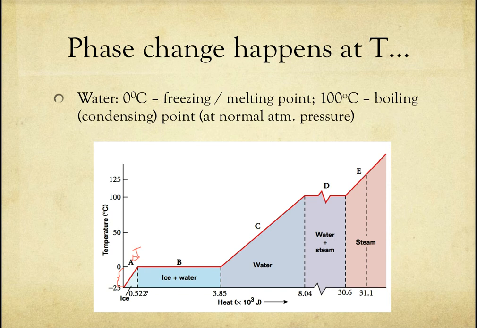And then if you look over here, if I were to find the Q for just melting, that would be the difference between 385 and 0.522. Then, once I melted the entire amount of ice that I had, if I keep putting energy in, now I have water, and those molecules are going to start moving faster, and what I will see is the change in temperature.